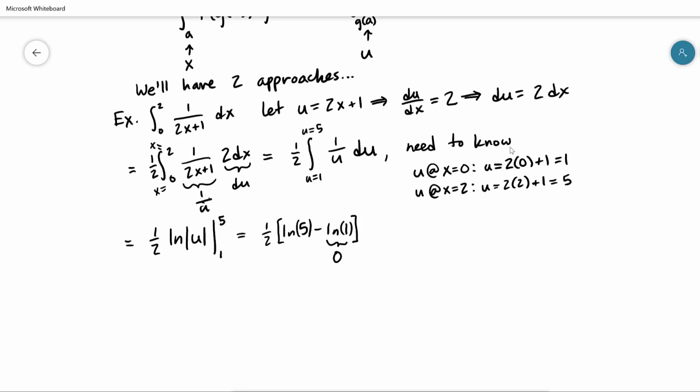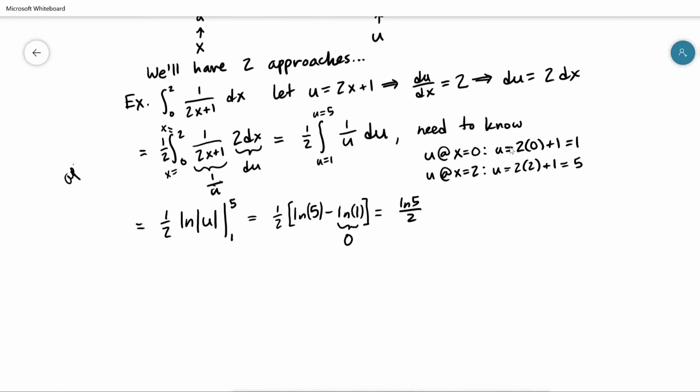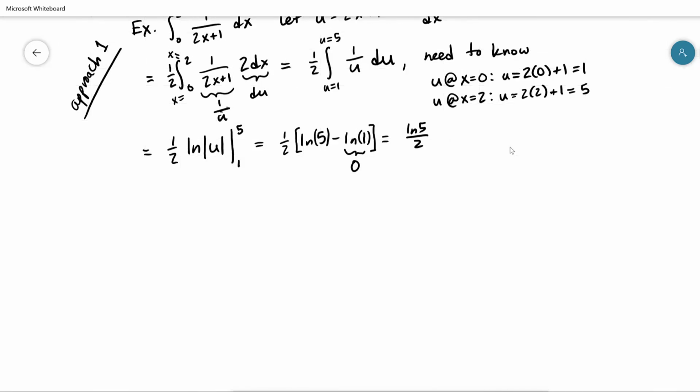And we wind up getting that this whole thing simplifies to the natural log of 5 over 2. That's our answer. So this is our first approach. I guess I should have written that somewhere. This is approach 1. And now let's do approach 2, which I will also write.